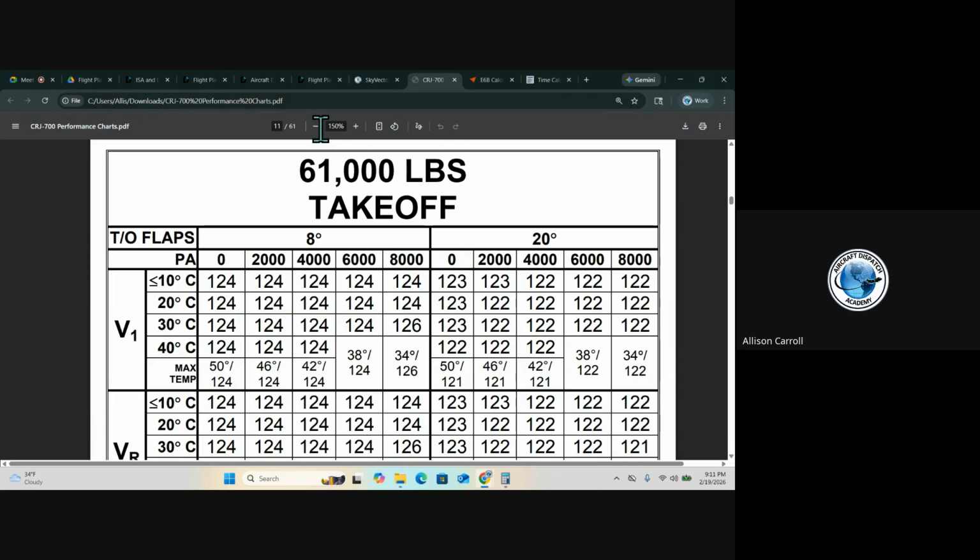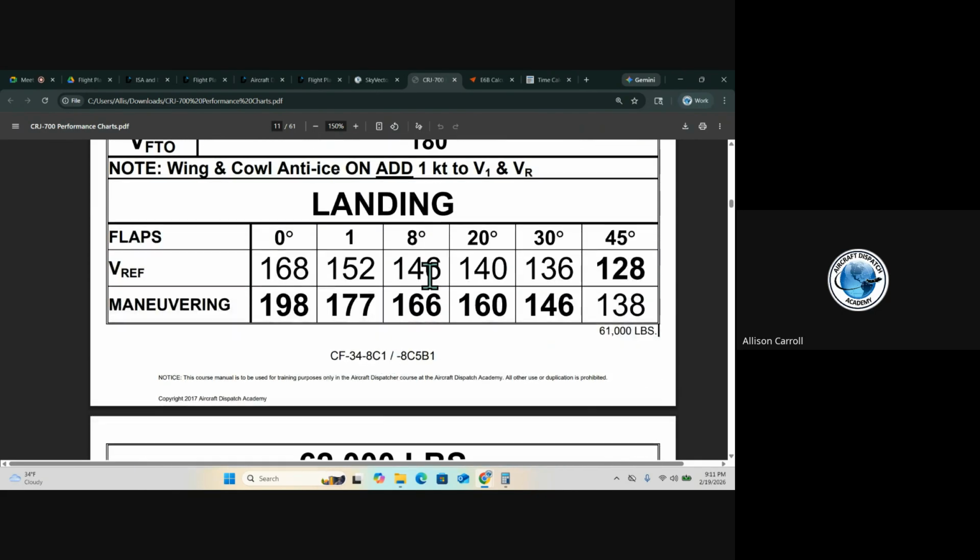So 61,000 pounds, again, this first half is for taking off at 61,000. We're going to go to the bottom for landing at 61,000. We are going to come over to this VREF right here, our velocity reference. We're going to come to flaps 45 degrees, and our landing speed is 128.